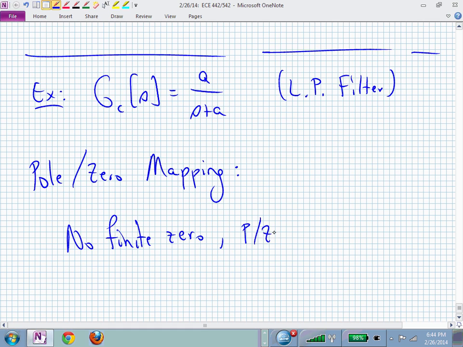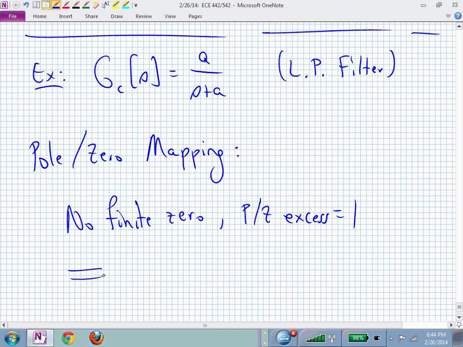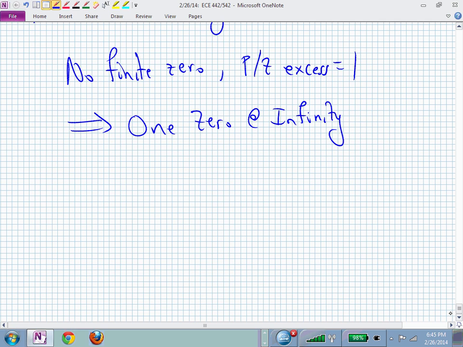And we have a pole zero excess equaling 1, which says that we now have 1 zero at infinity, and we have a pole at s equal -a.